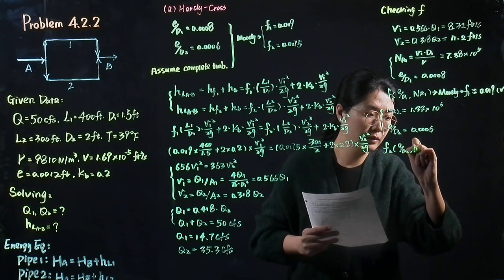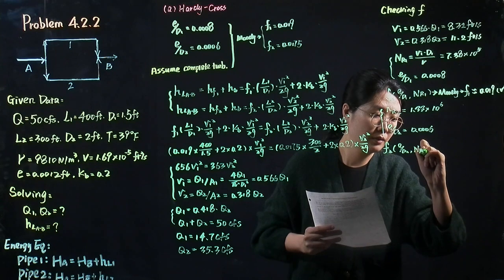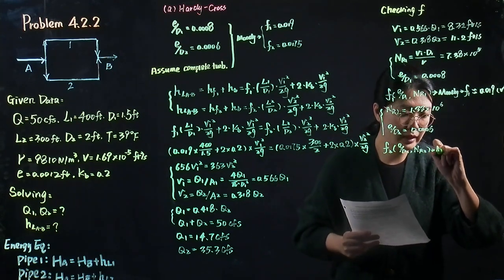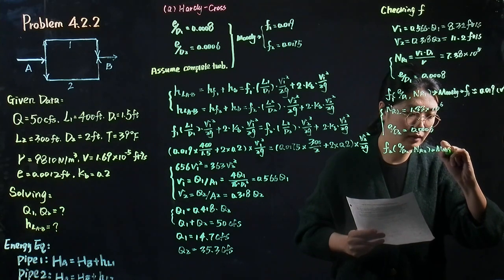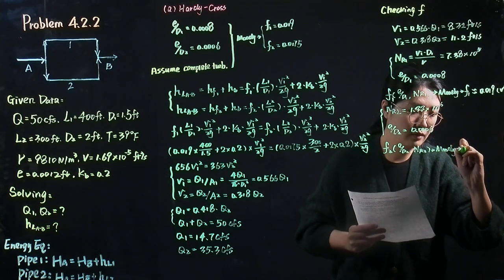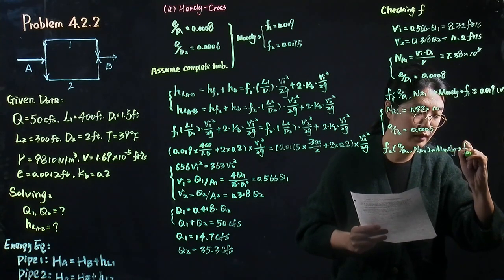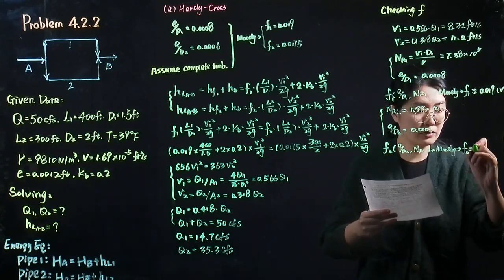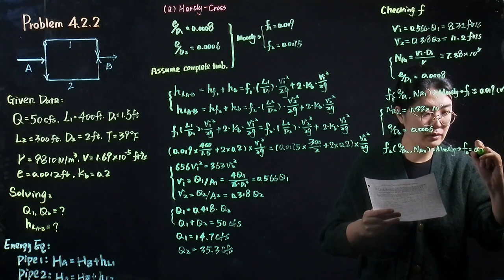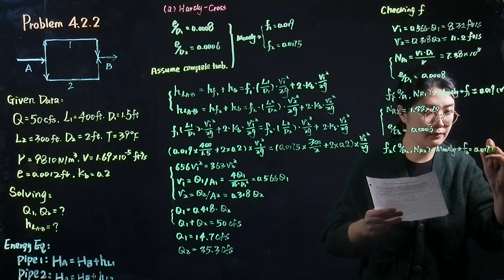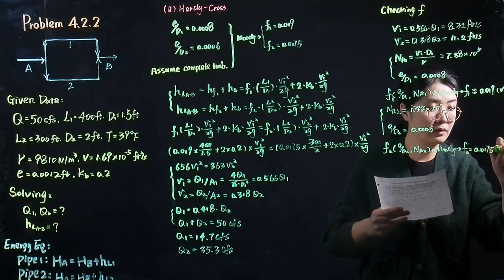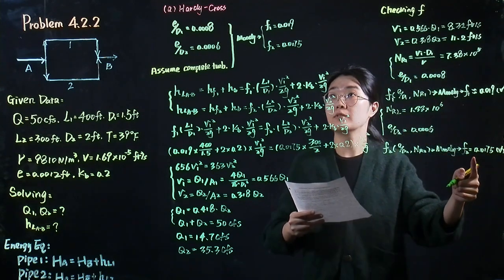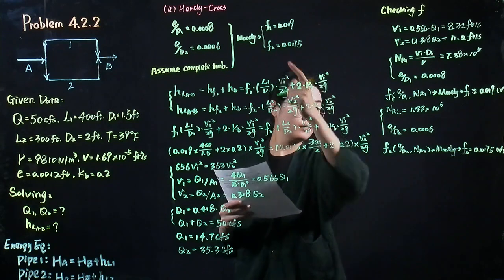And after we read the value from the Moody diagram, we find the friction factor in pipeline 2 equals 0.0175. It equals our assumption.